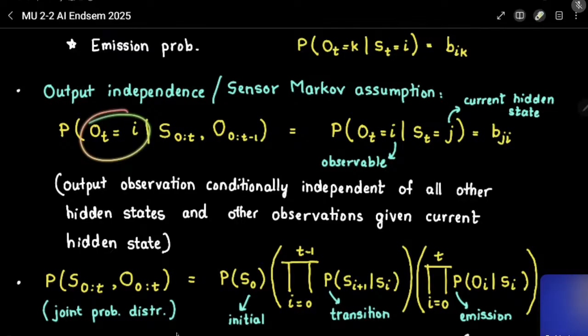You have an observation. So what is the probability of an observation given you have a sequence of hidden states and a sequence of previous observations? This will boil down to the probability of the observation given only that current hidden state. It will not depend on all the other hidden states or all the other observations.